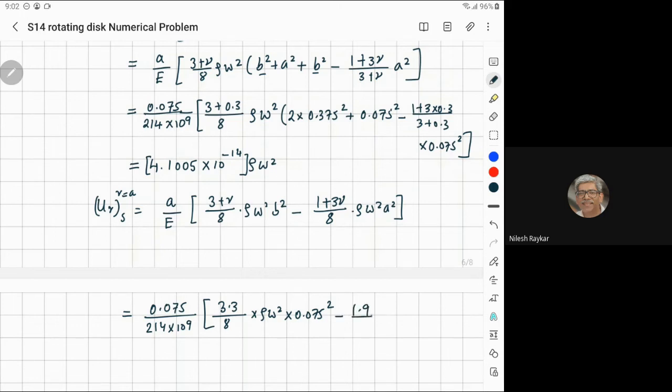So 1 plus 3 nu is 1.9, divided by 8 into 0.075 the whole square.